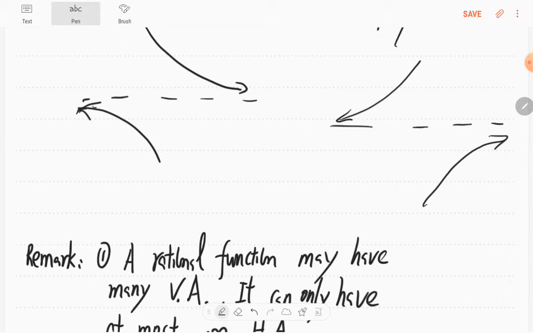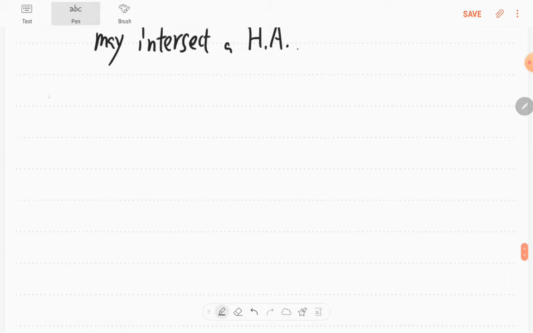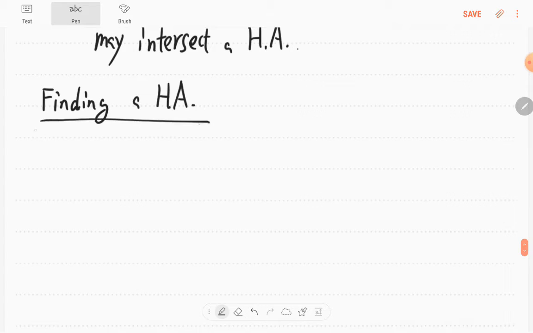What about the horizontal asymptote? Now let's look at the rules to find a horizontal asymptote.